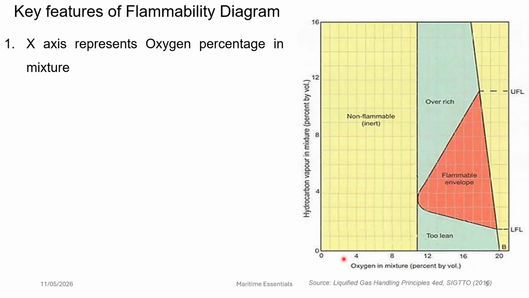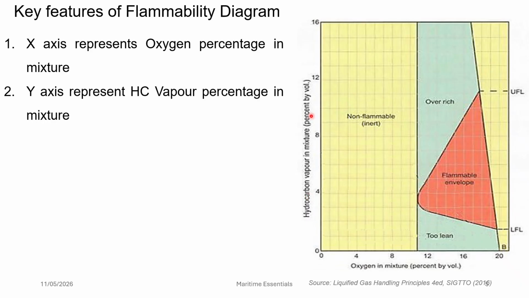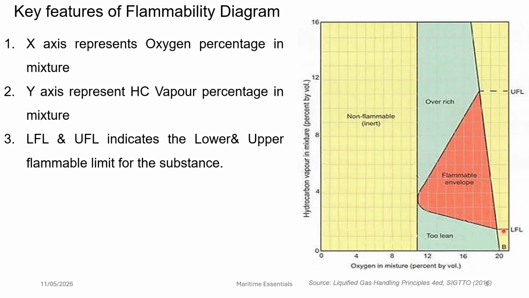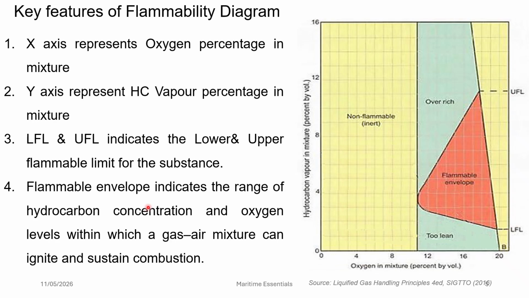On the x-axis it shows the oxygen concentration, always as a percentage by volume. So here we have 0%, 4%, 8%, 12% and so on, up to 21%, right? On the y-axis, it shows the hydrocarbon vapor percentage in the mixture. And here we get the lower flammable limit and upper flammable limit. The most important thing is that from this diagram we get the flammable envelope.